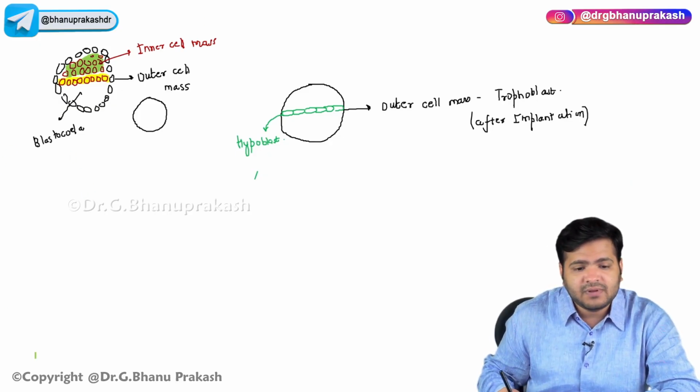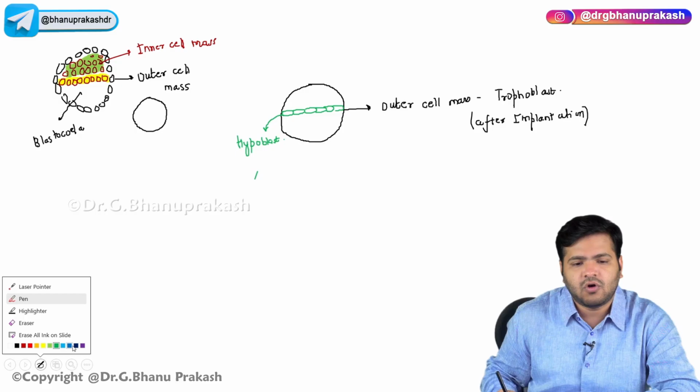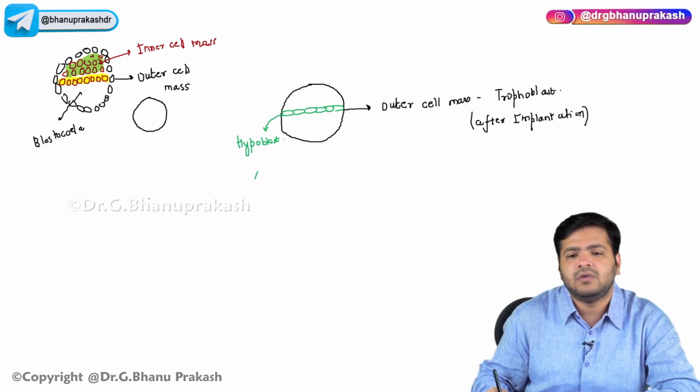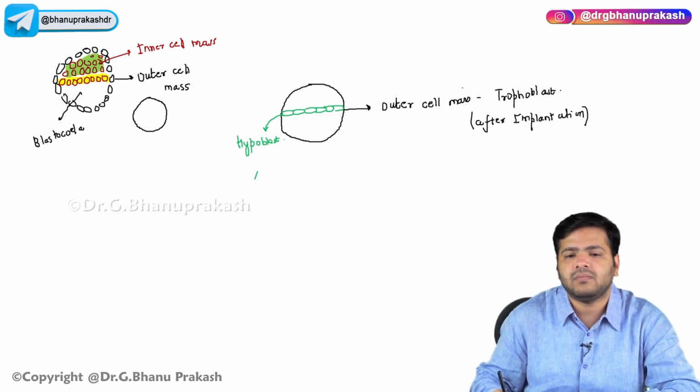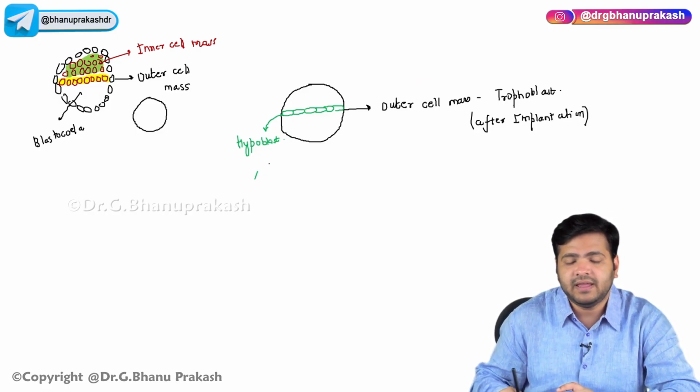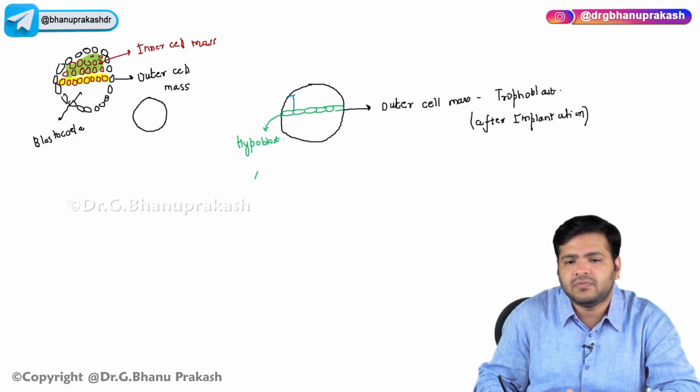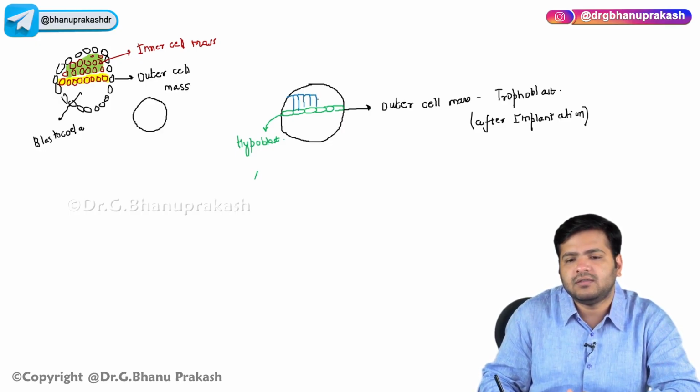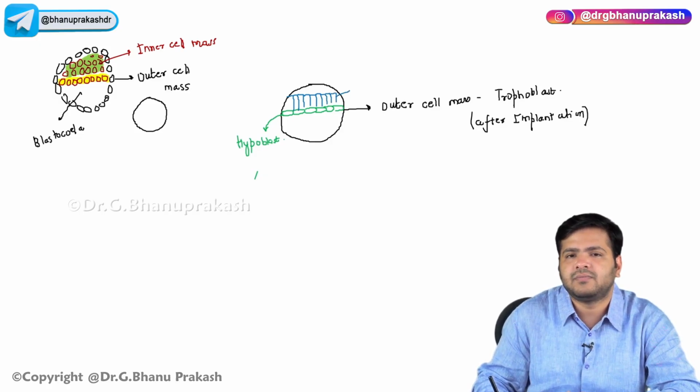Now they will all assume the tall columnar shape, right, and they will now be called the epiblast. So they will all assume this tall columnar shape, and this is now called the epiblast.